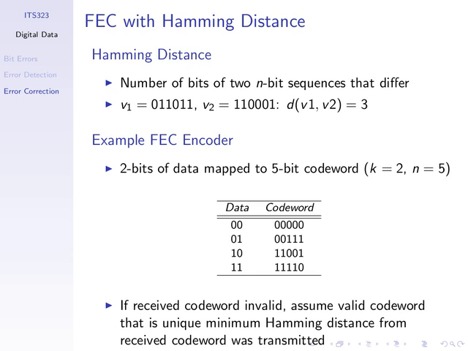Last quick one. 3-bit errors. The last 3 bits are in error. What happens? If the last 3 bits are in error, what is received?